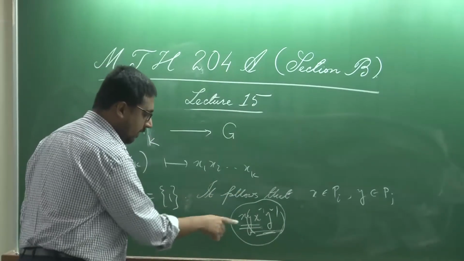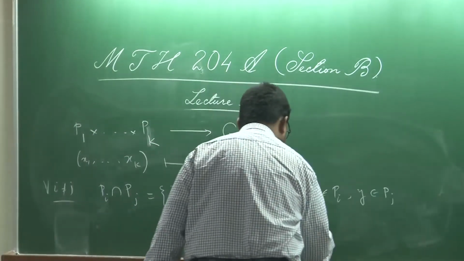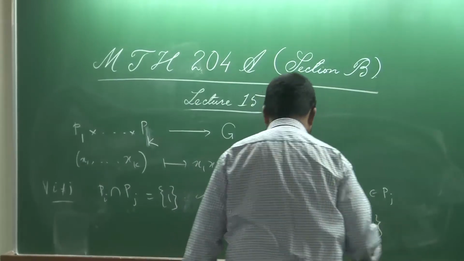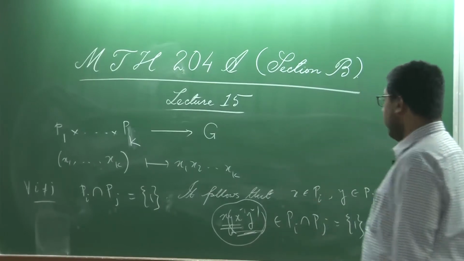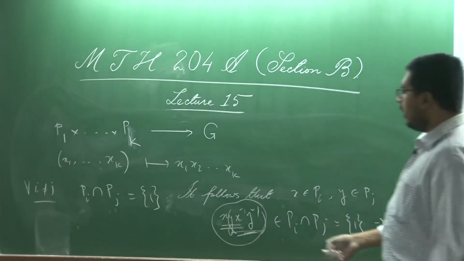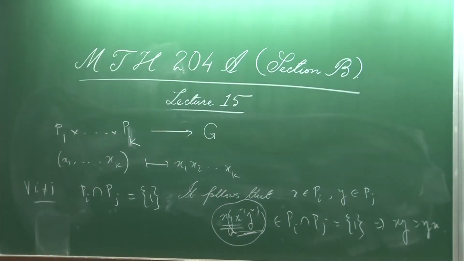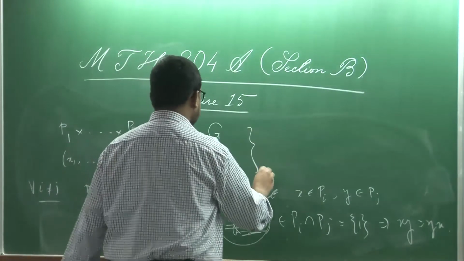Thus it lies in both Pi intersection Pj, which is trivial. This forces xy equal to yx. So what it shows is, if we take two elements from two different Sylow subgroups, they will always commute, and in view of this, it is clear that this is a homomorphism.